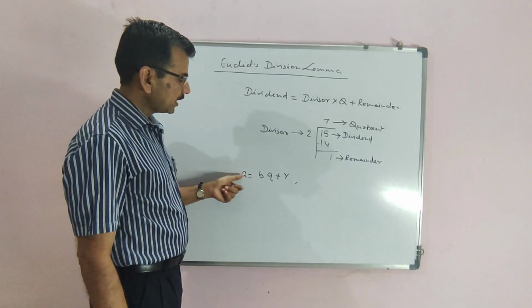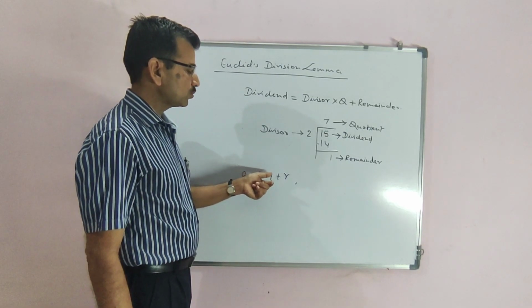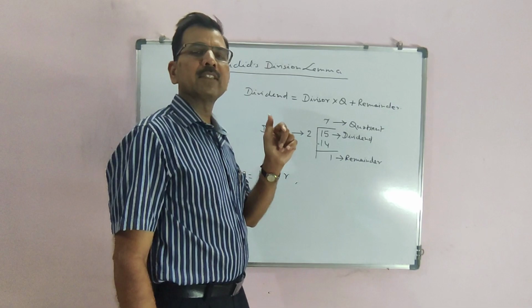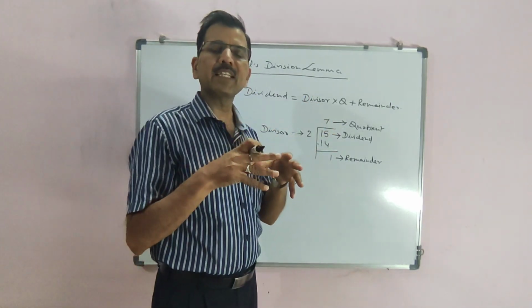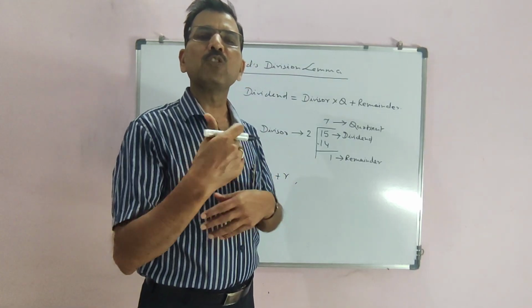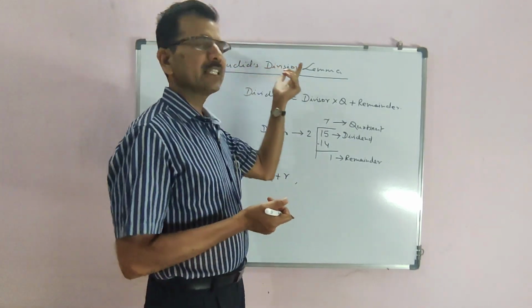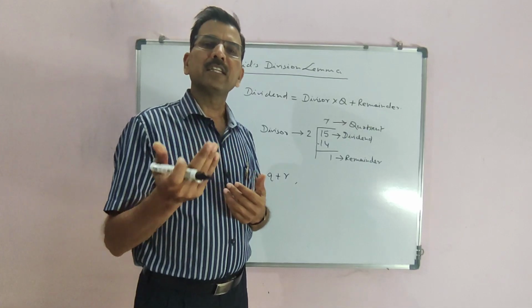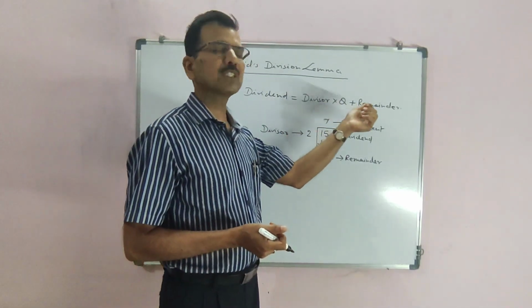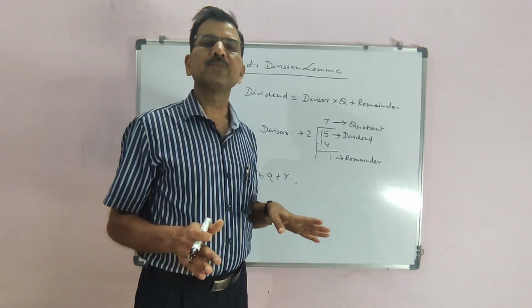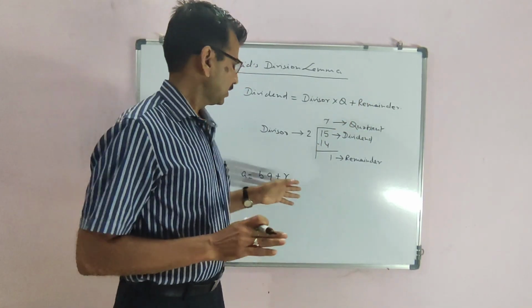So this is also dividend equals to divisor into quotient plus remainder. So this relation is same, but it is newly packed, or we can say that it is the new format of this dividend equals to divisor into quotient plus remainder. Right? Is it clear to you?